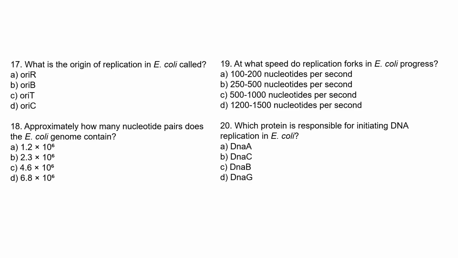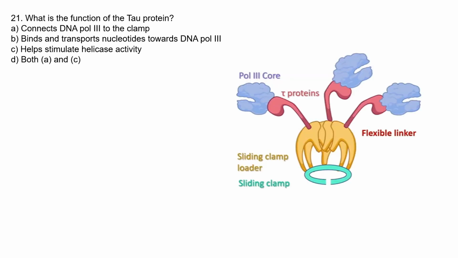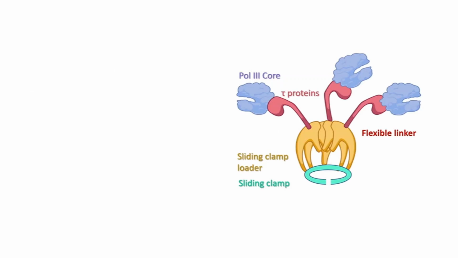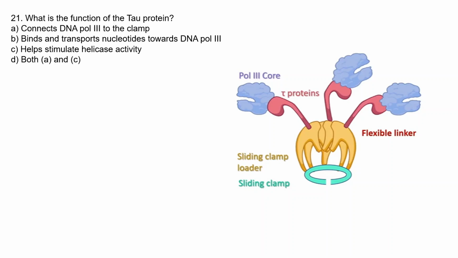So what protein is responsible for initiating DNA replication in E. coli? Option A. That's right. It's DnaA. Very good. All right, I thought I'd put this here so that you guys can visualize it a little while you're thinking about this complex and how it helps polymerize DNA.